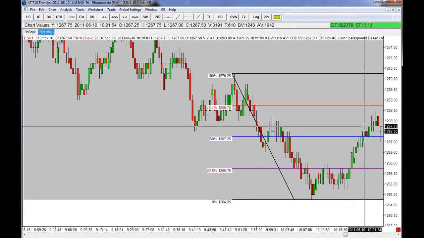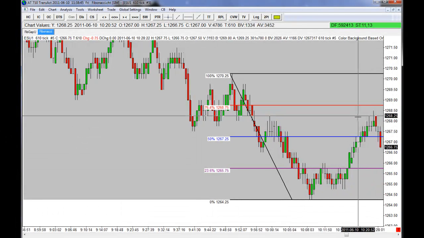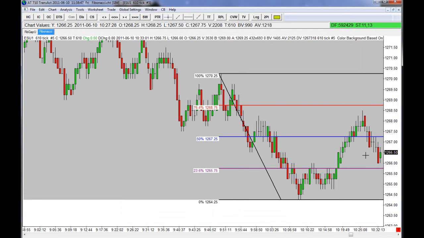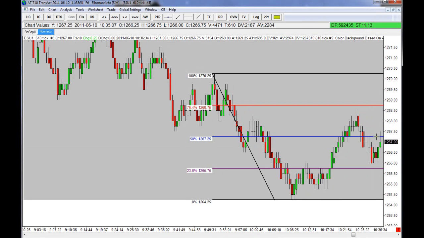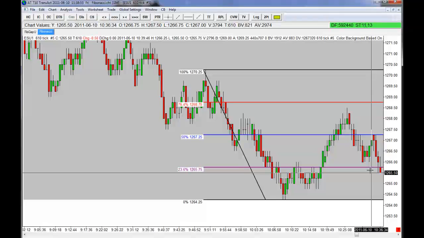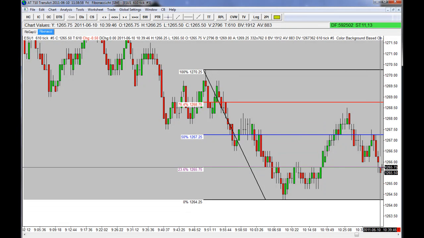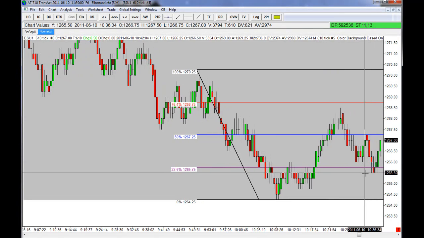Price went against me, got to 1 tick below where my stop was, then retraced. Got to 1 tick from my target, retraced again, and then finally it went through the 23.6% line, so I took my profit there.